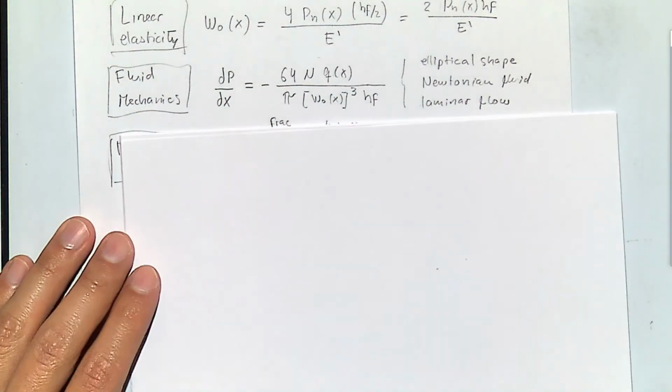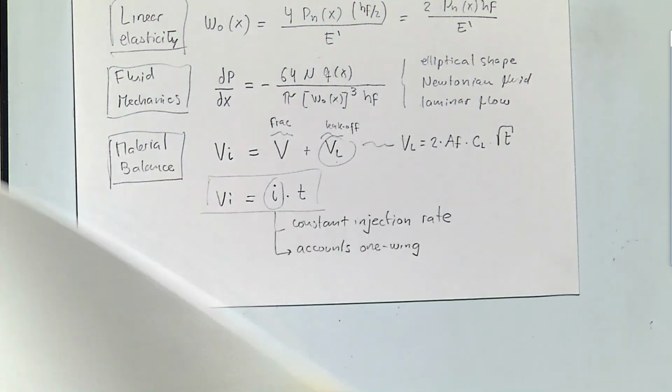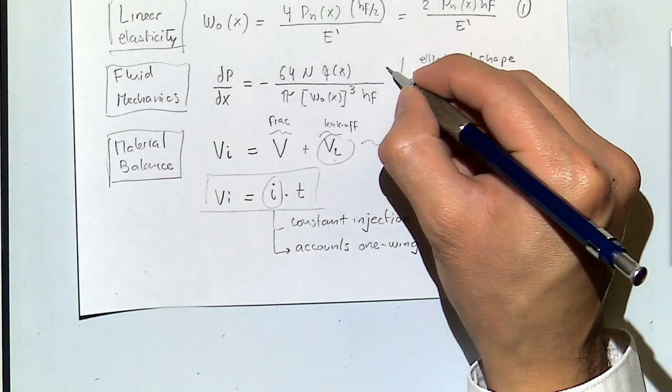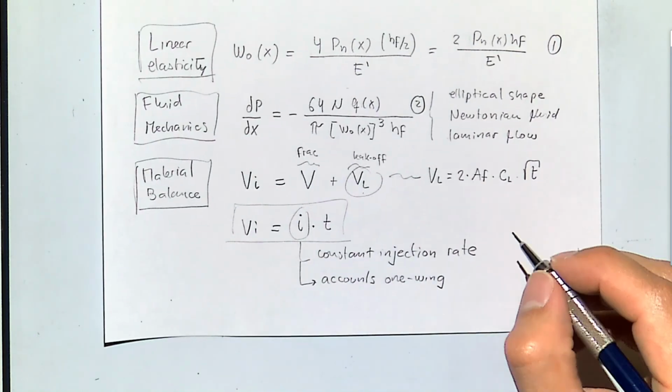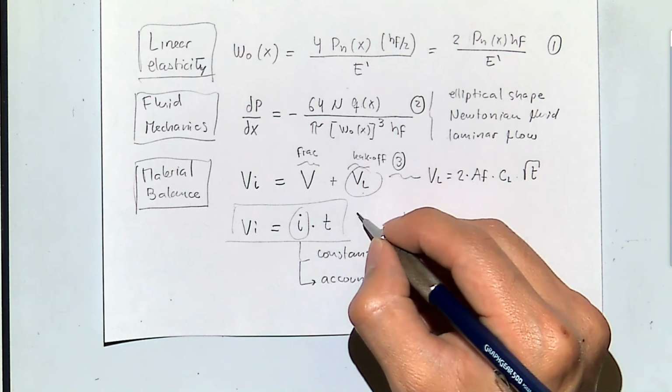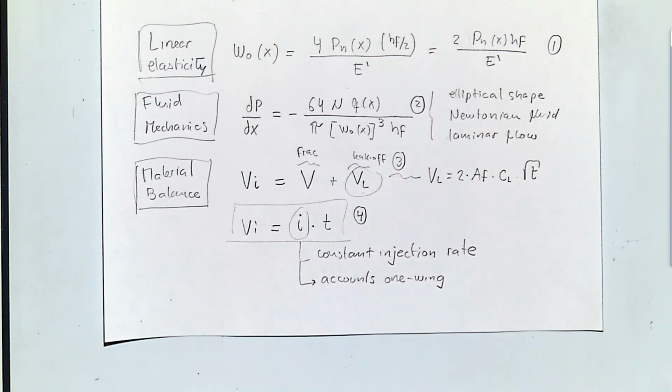And the way that you do this is by, let's put some numbers over here. This is equation number 1, equation number 2, equation number 3, and equation number 4.